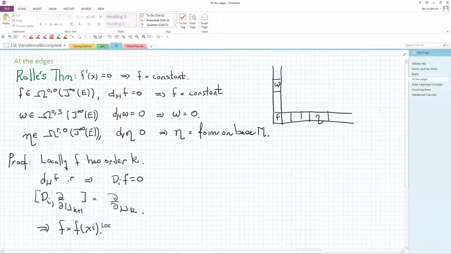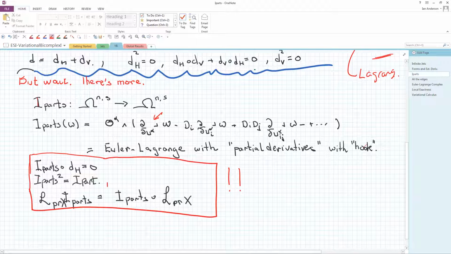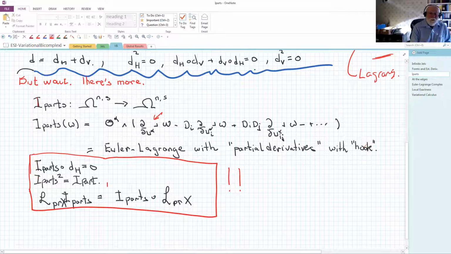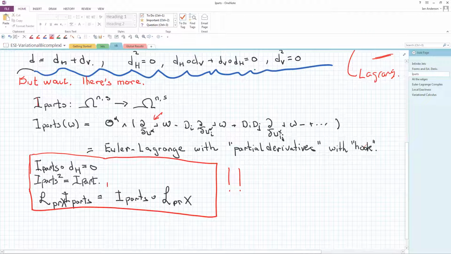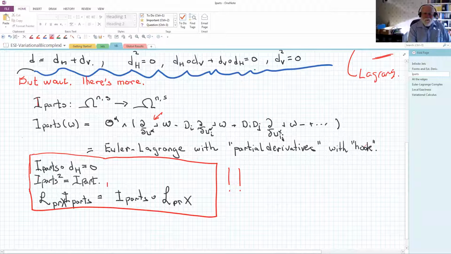And so, may I ask a question? Sure. Is there an easy way to see that the integration by parts operator has the exact form, not about properties, but about the way you write it down? Yeah, so let's see.